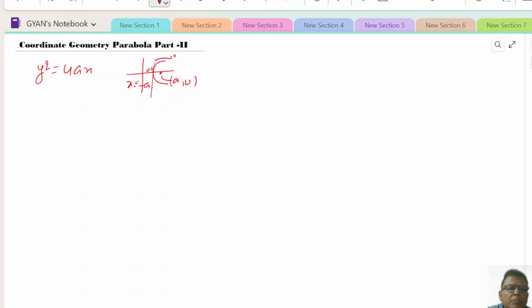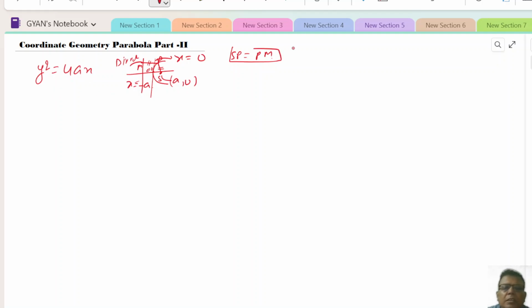The line x is equal to minus a is called the directrix, and this is the focus. Any point on the parabola has the same distance from both. This distance is equal to this distance. Suppose this is M, then SP is equal to PM.